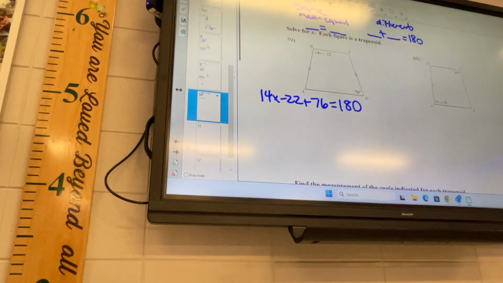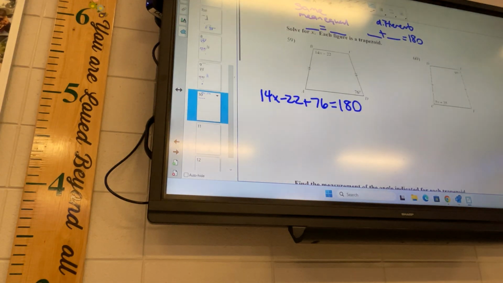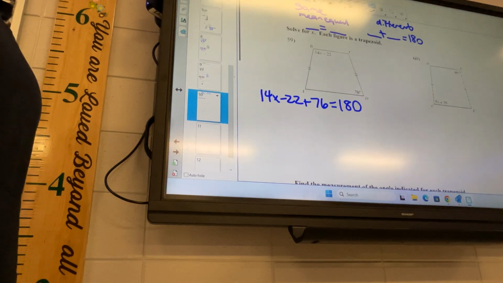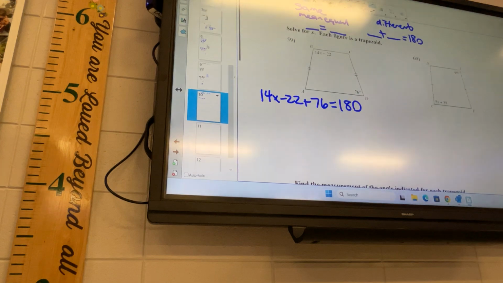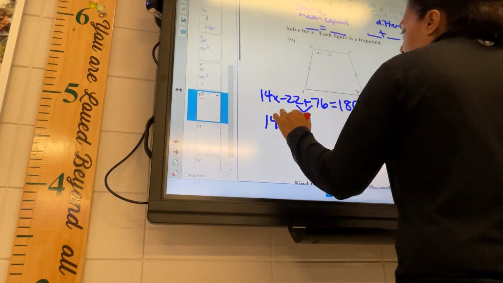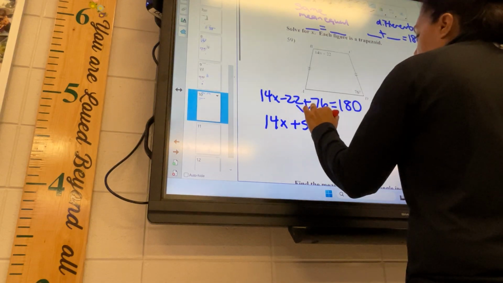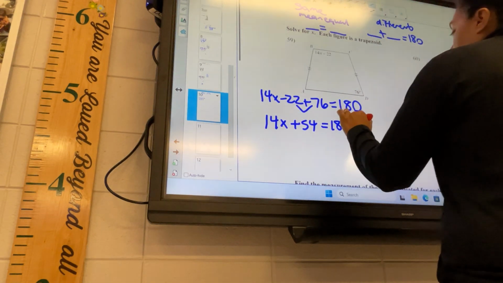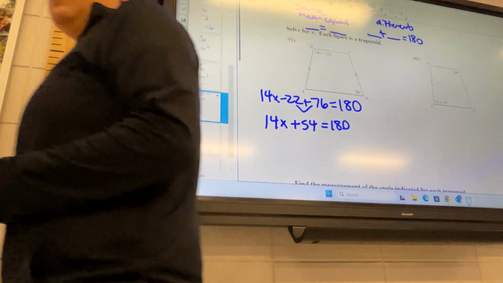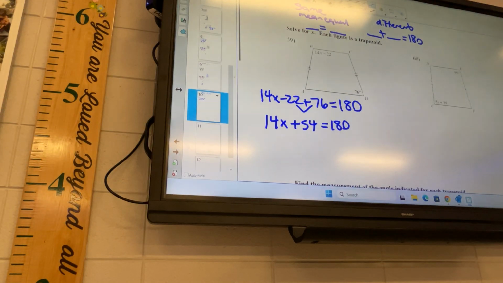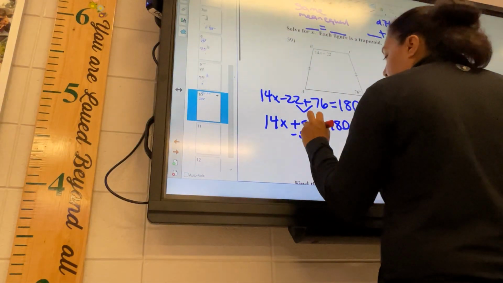Okay, who can get combined? Negative 22 and 76. Negative 22 plus 76, what is that? 54. Positive 54 equals 180. Okay, and then look at it. What needs done next? Minus 54 from both sides.